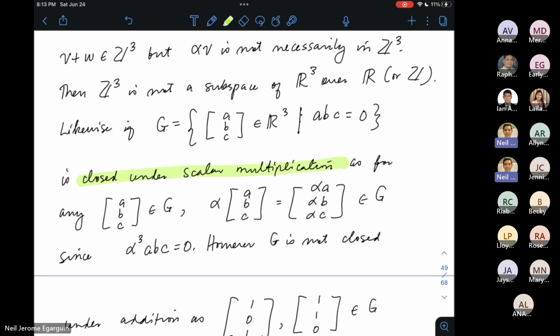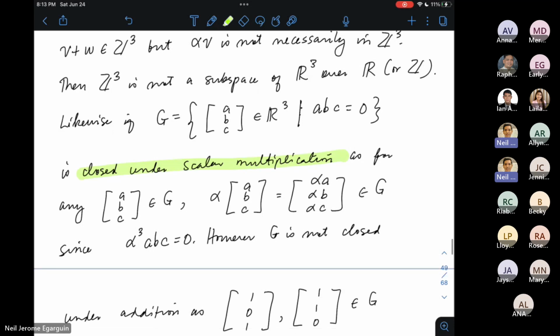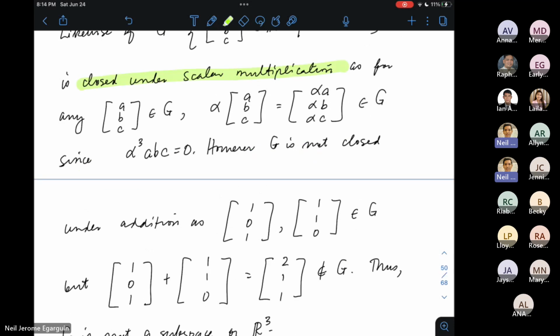Right? Kasi pag nag-scalar multiplication ako ng element ni G with any scalar, ang sagot ay na kay G pa rin. Kaya lang, si G ay hindi closed under addition. Kasi meron akong pwedeng ipag-add na dalawang elements ni G nang sagot ay wala kay G. You can come up with various counterexamples, pero ang napili kong counterexample ay si 101 at saka si 110. Si 101 ay na kay G kasi yung 1 times 0 times 1 ay equal kay 0.